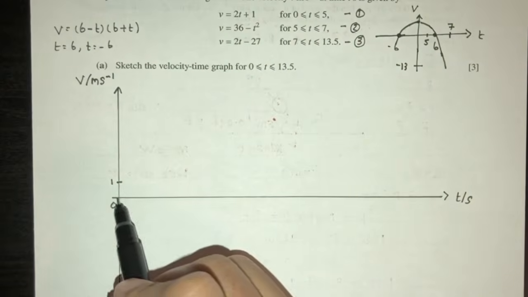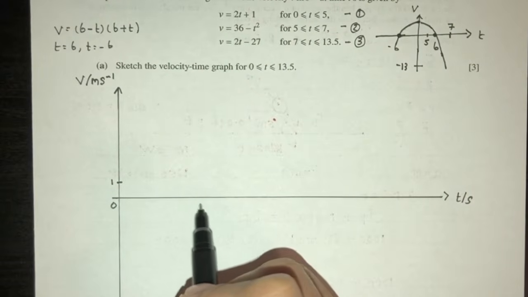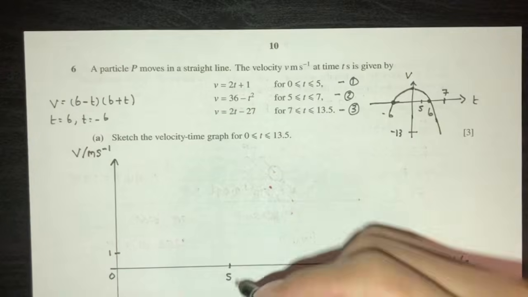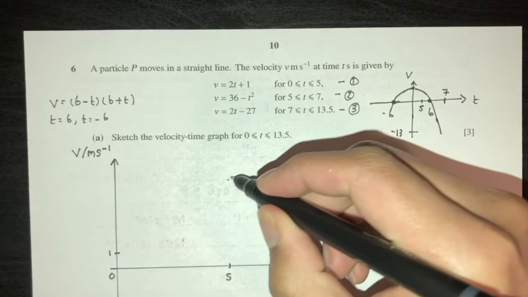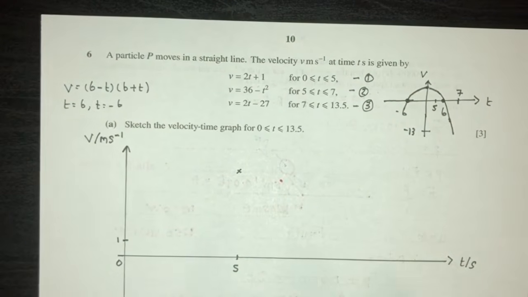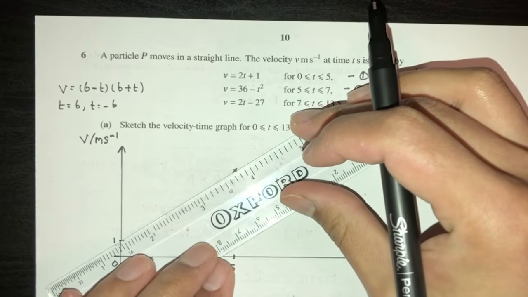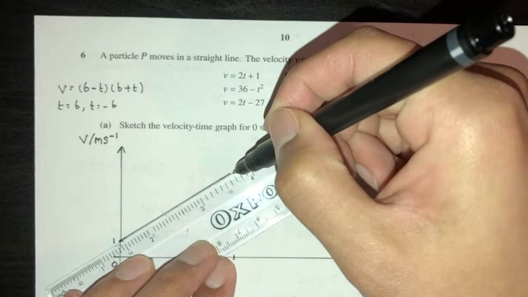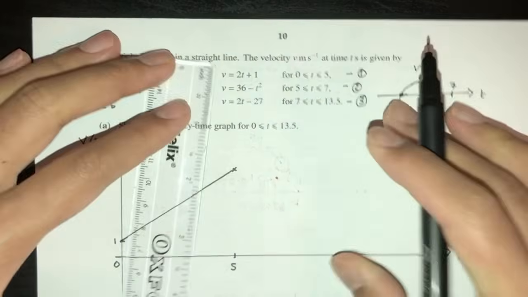So let's count: 1, 2, 3, 4, 5. For example, 5 is here, and the value should be about 11. Let's say it's here. Since it is a straight line, you have to join them together by a straight line. So that will be the first part of your graph.